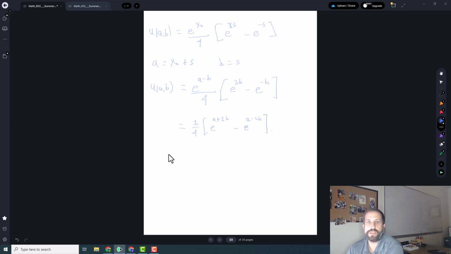But again, a and b are just generic points in the plane, so I'm going to write this in terms of x and y. u of (x, y) is equal to 1/4 times e to the x plus 2y minus e to the x minus 2y.